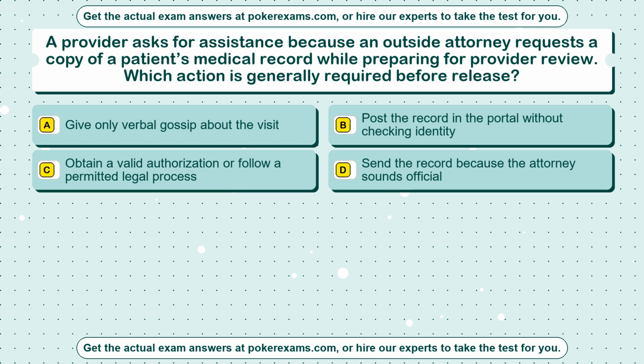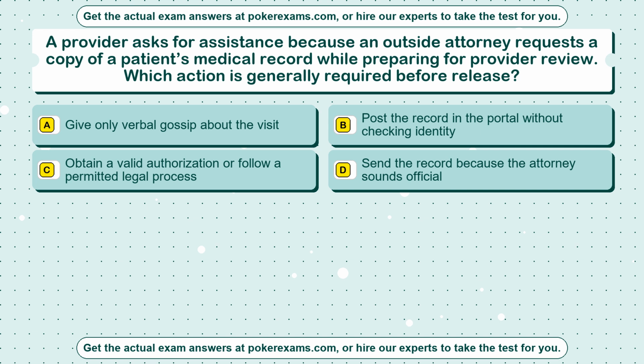Question 71. A provider asks for assistance because an outside attorney requests a copy of a patient's medical record while preparing for provider review. Which action is generally required before release? Option A, give only verbal gossip about the visit. Option B, post the record in the portal without checking identity. Option C, obtain a valid authorization or follow a permitted legal process.